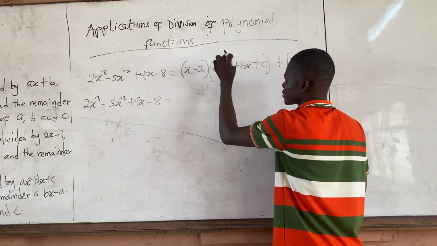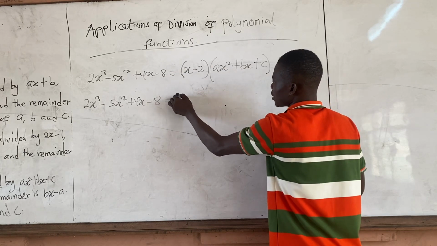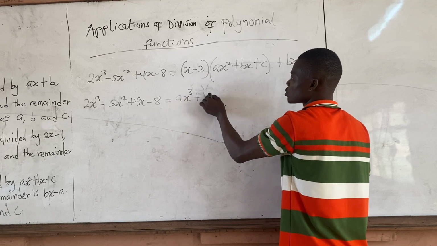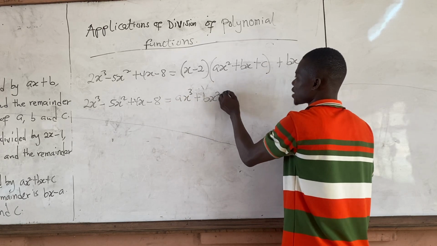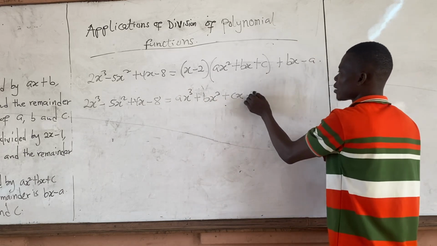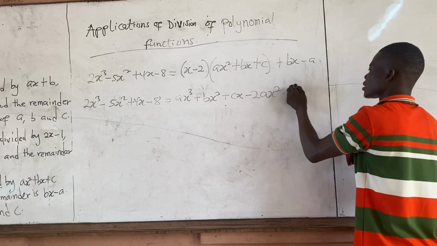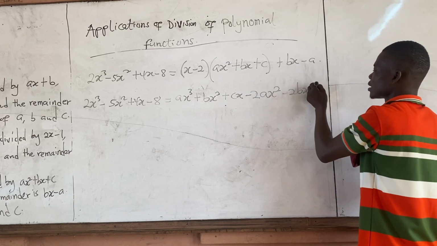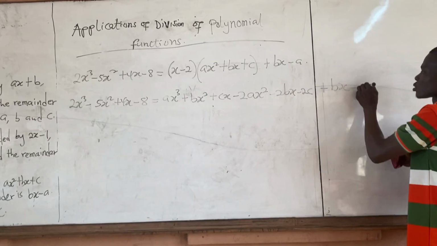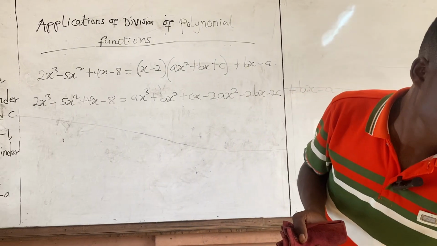So x times this one, we are going to get ax cubed. x times that, you have bx squared. x times c, you have cx. Minus 2 times ax squared, minus 2ax squared, minus 2bx, minus 2c, plus bx minus a. That's the remainder.